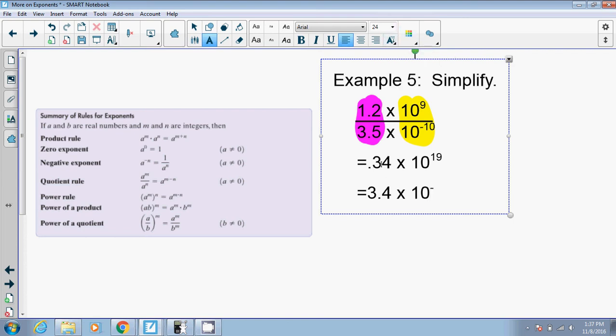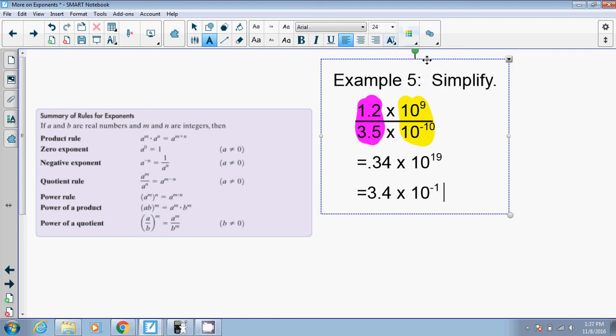So from 0.34 to 3.4, how many times did you move the decimal? You moved it once. Again, this 3.4 times 10 to the negative first means the number will be getting smaller because of the negative, and you're moving that decimal one place. So if it's getting smaller, you're going to move it to the left, which gives me the 0.34.